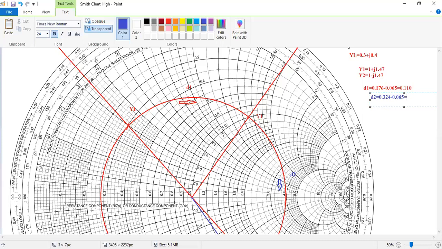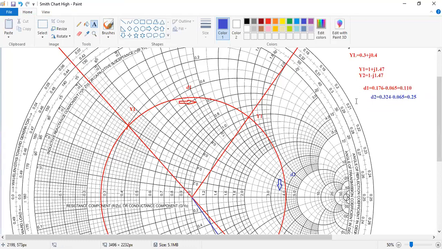Okay, so your answer is 0.259, about 0.25. Yes, it is correct. 0.25 lambda. So this is your D2. So 50% of the problem is solved. D1 and D2 is done.